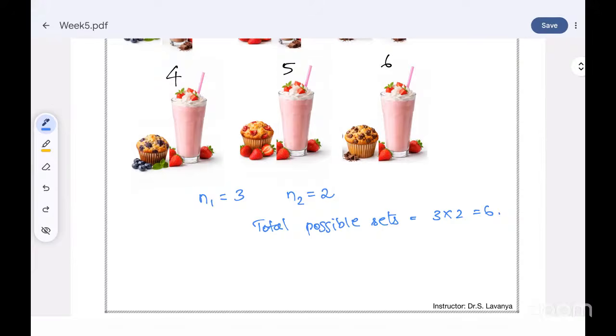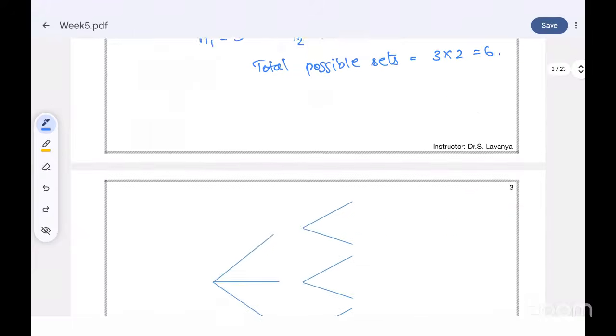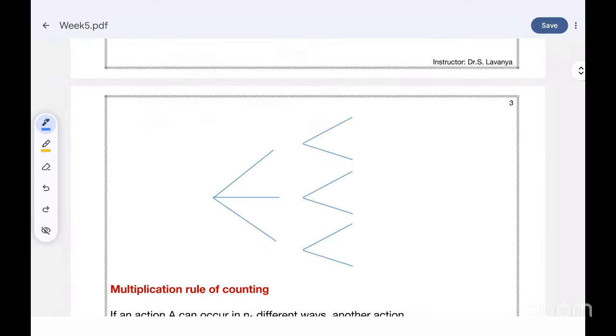Usually this kind of problem is explained using a tree diagram. Let's say the first category is muffins. So you have 3 different types of muffins: blueberry muffin, strawberry muffin, and choco muffin. So first of all you have 3 possible options, and from each option you have 2 more options. The next category is milkshake.